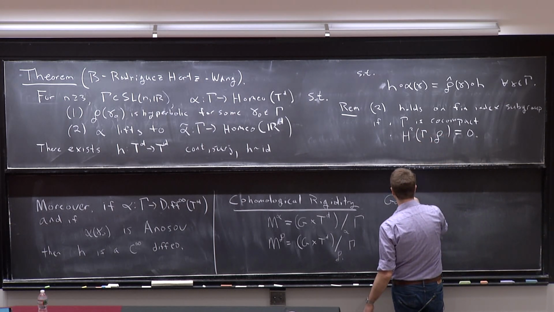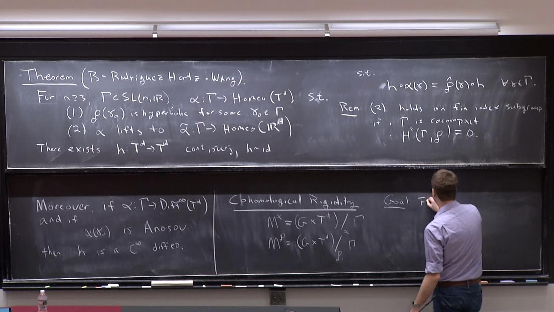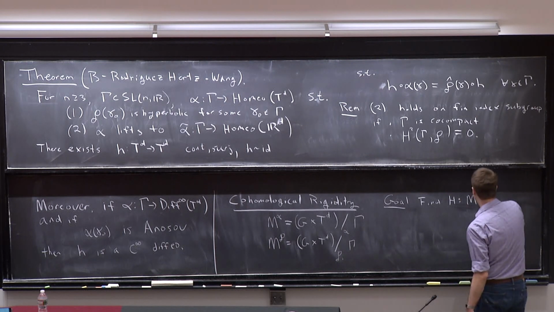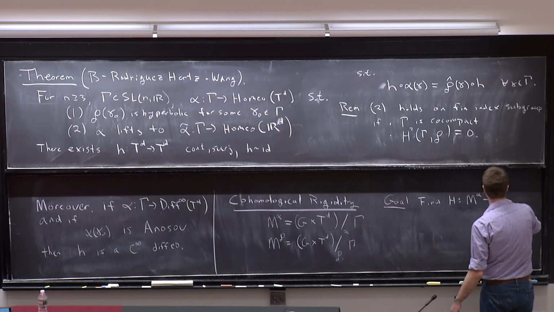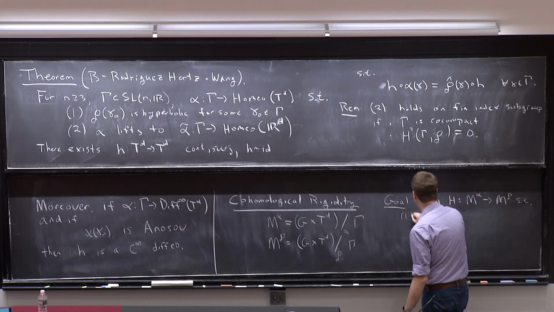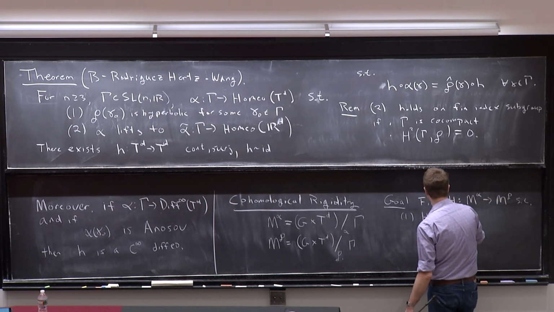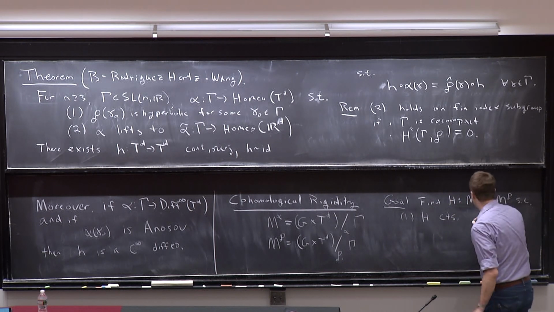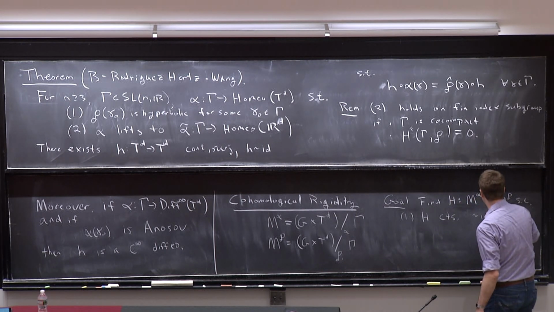So the goal is to find H from M alpha to M rho such that, well, one, I'd like H to be continuous, and I'd like it to be homotopic to the identity in the fibers.